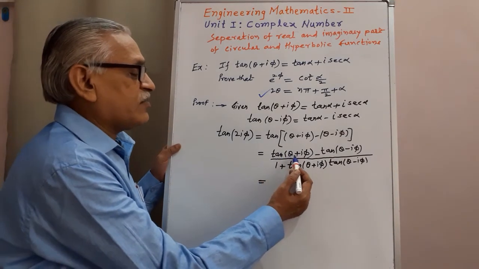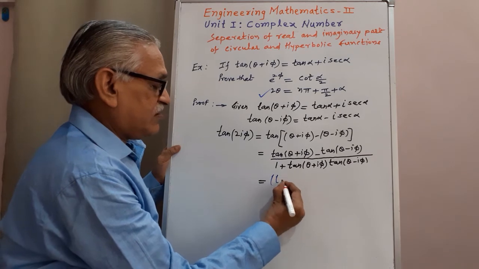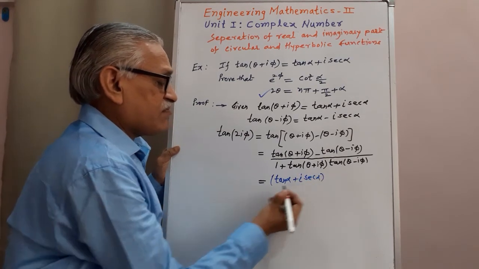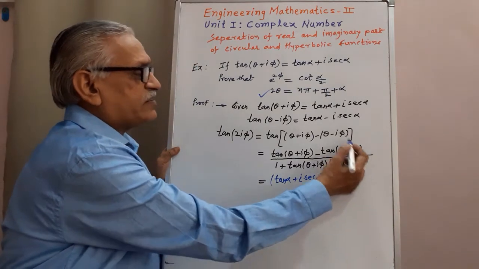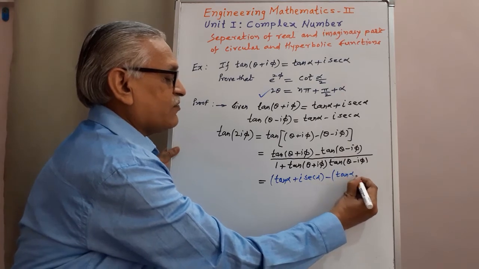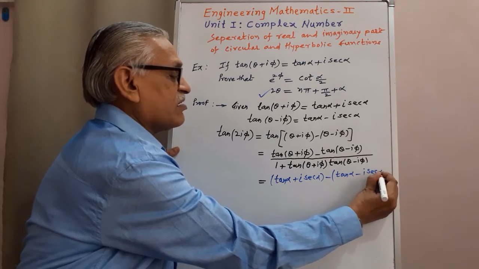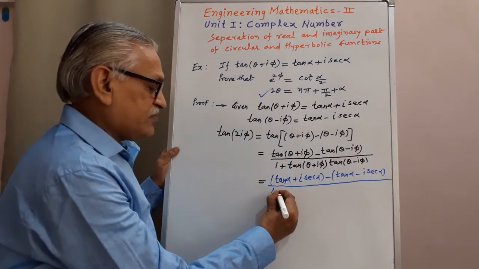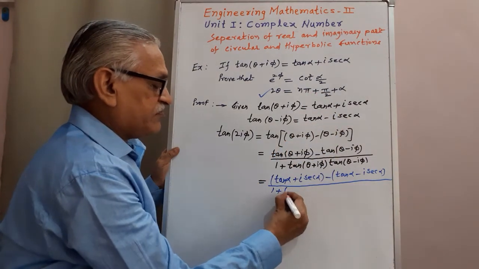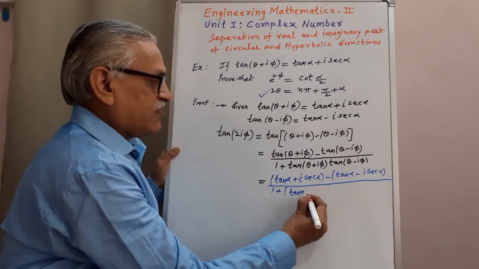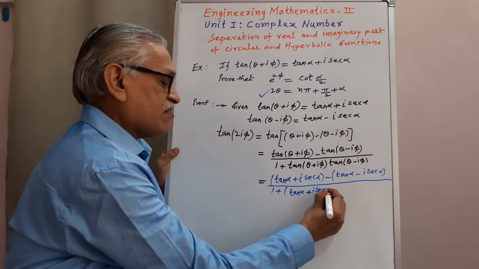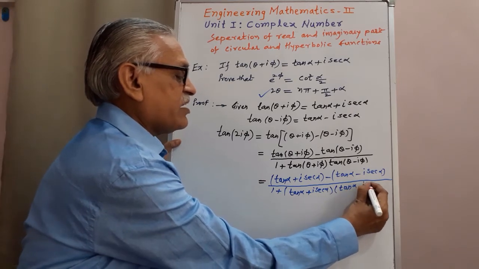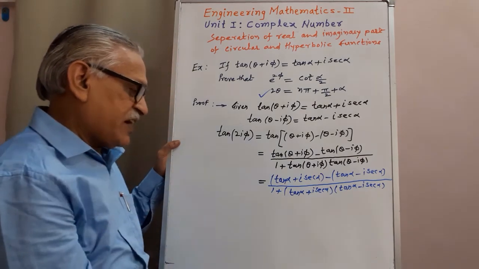Substitute tan of theta plus i phi as tan alpha plus i times secant alpha, minus tan of theta minus i phi which is tan alpha minus i secant alpha, divided by 1 plus tan of theta plus i phi which is tan alpha plus i secant alpha, and for the second term it is tan alpha minus i secant alpha.